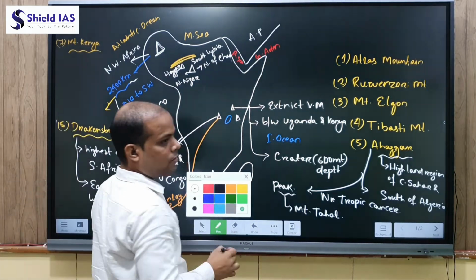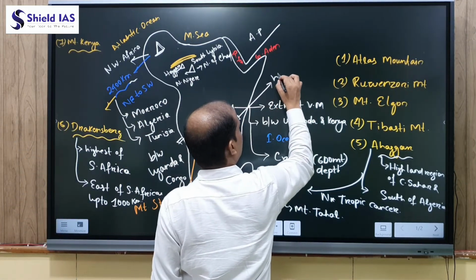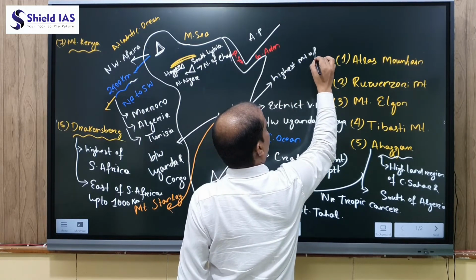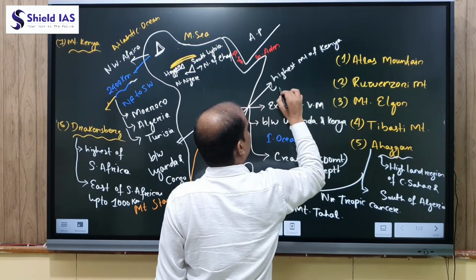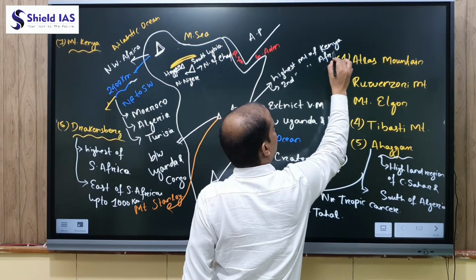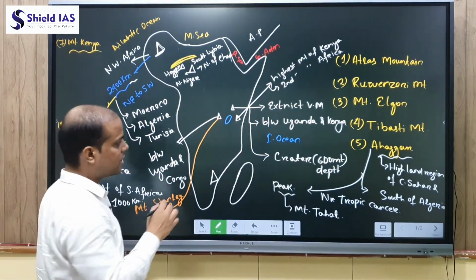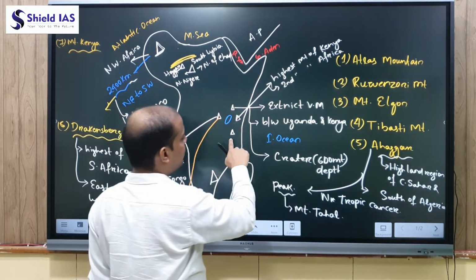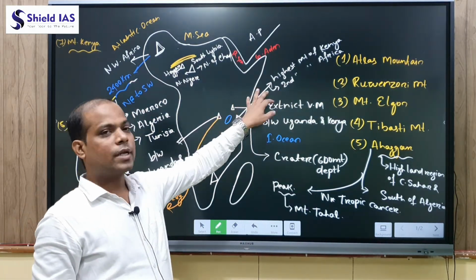It is the highest mountain of Kenya, and second highest mountain of Africa after Mount Kilimanjaro. Kilimanjaro is located just south of Mount Kenya. So after Mount Kilimanjaro, the next highest mountain of the Africa continent is Mount Kenya.